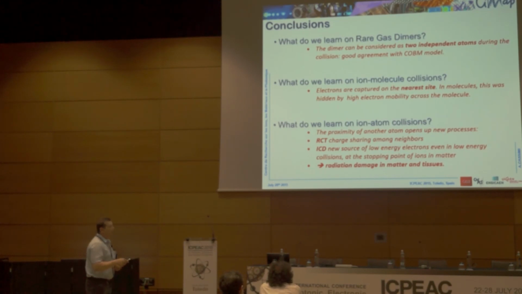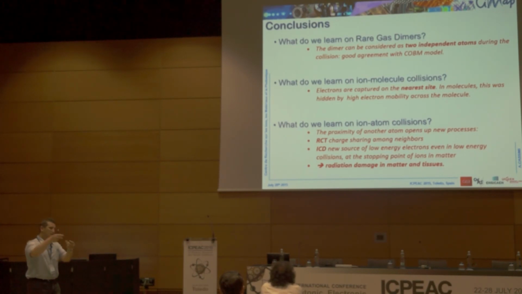Now we know where the electrons are captured, even if the electron rearrangement in covalent molecules does not allow you to measure it. These simulated molecules allow you to find out, and the electrons are captured from the atom which is the closest to the projectile during the collision.